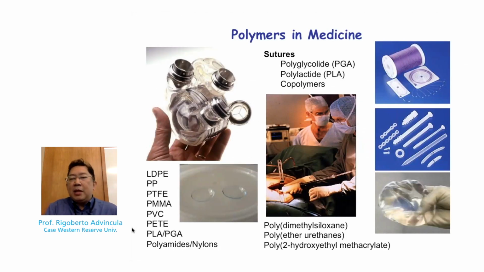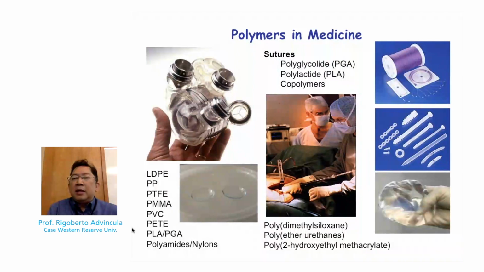Now, some of you probably came here thinking, well, polymers in medicine definitely should talk about implants, surgical implants, sutures, artificial devices, artificial heart, breast implants, and so on. You are correct.